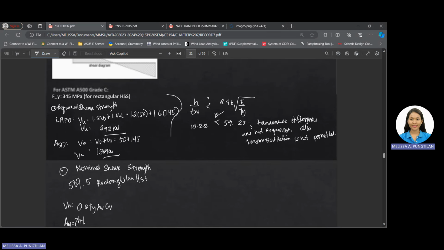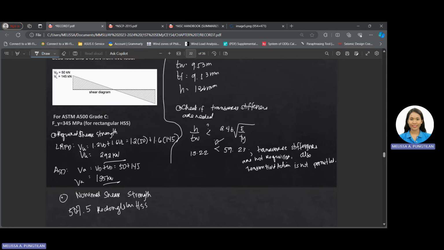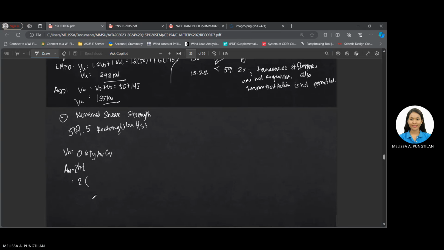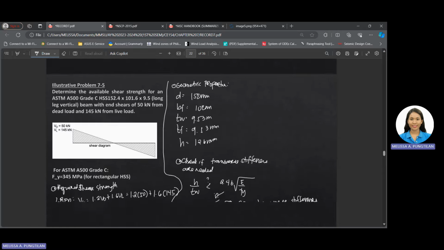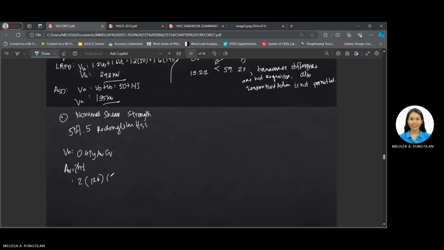Given yan sa ating geometric properties, and that is 126 mm. So, 126 multiplied by the thickness, that is equal to 9.53. So, 9.53. Therefore, we have 2401.56 square millimeter.